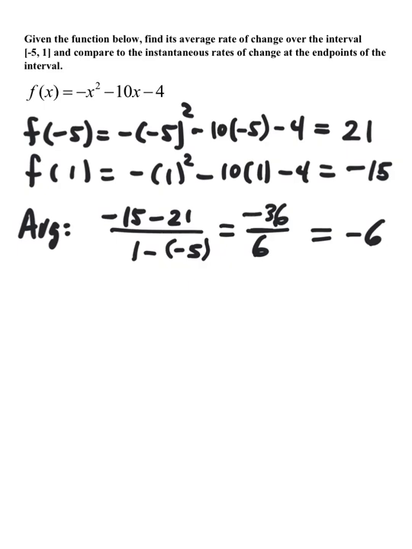Instantaneous rates of change are the derivative values. So we're going to calculate the derivative and then plug in the -5 and 1. Our derivative, and I'm going to do this in a different colored ink, f prime of x is equal to -2x minus 10.